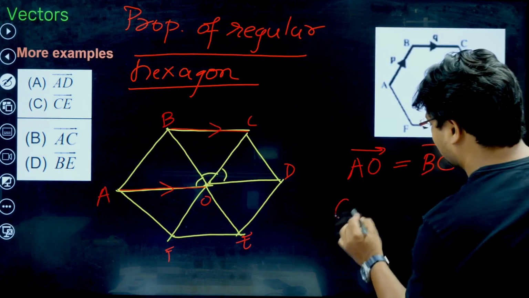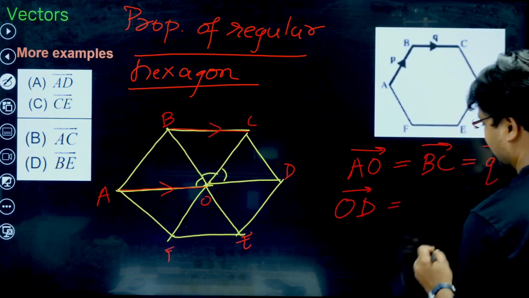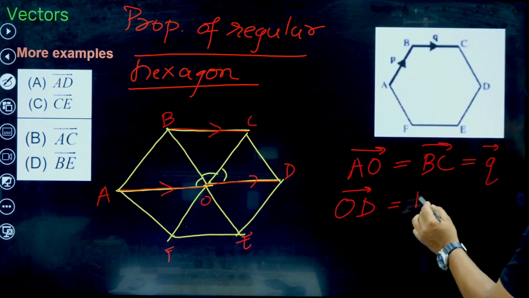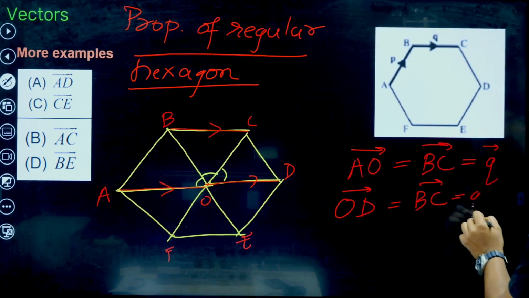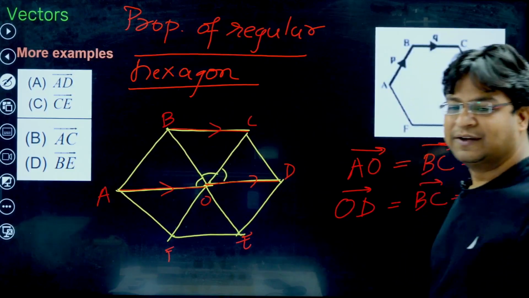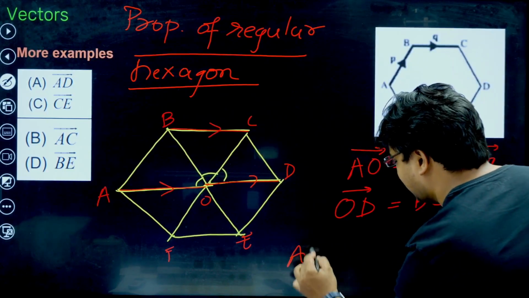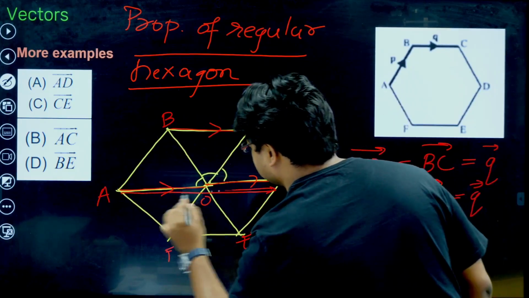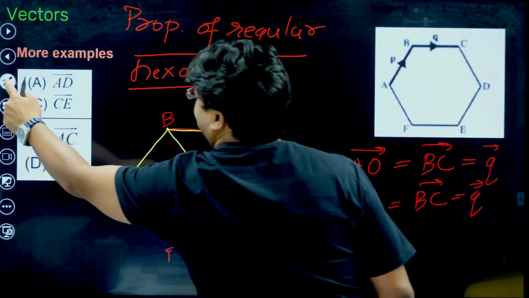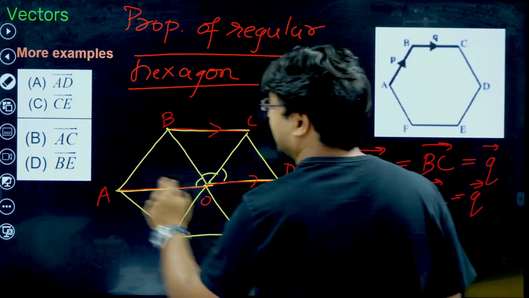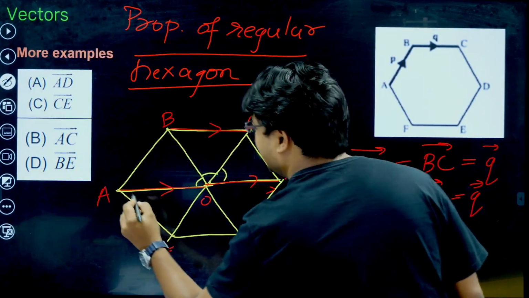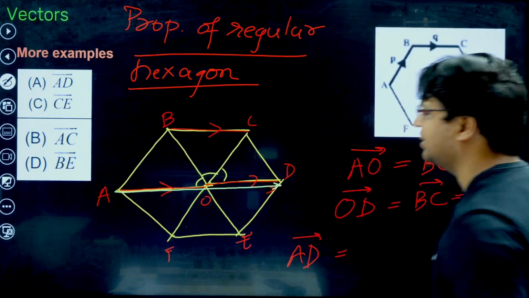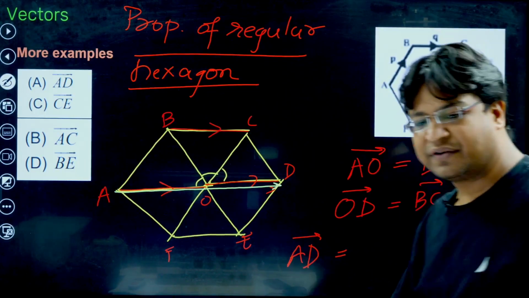And not only that, if I talk about OD vector also, then OD vector is also same as BC vector, same length, same direction. In other words, if I'm trying to write AD vector, can I say that this is a vector parallel to BC vector and double of its length?